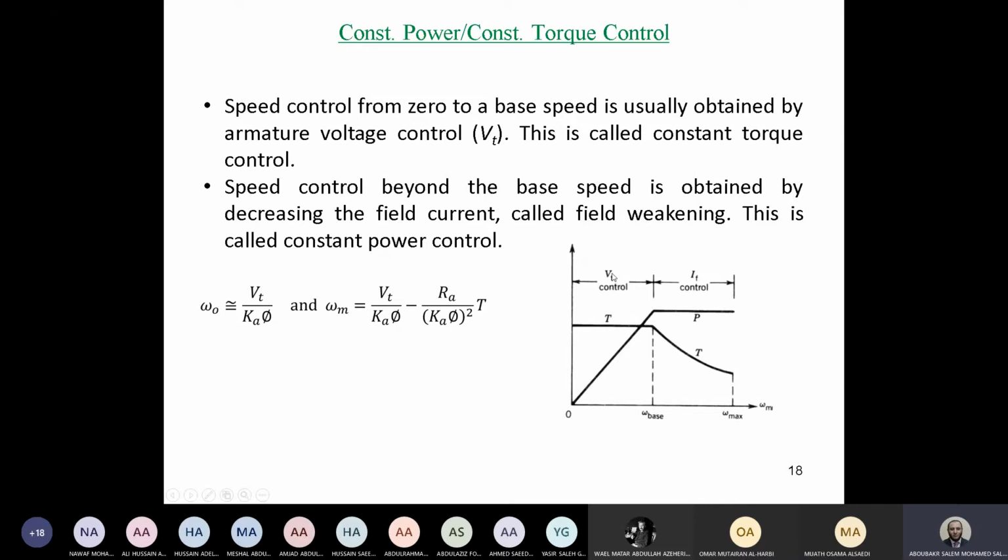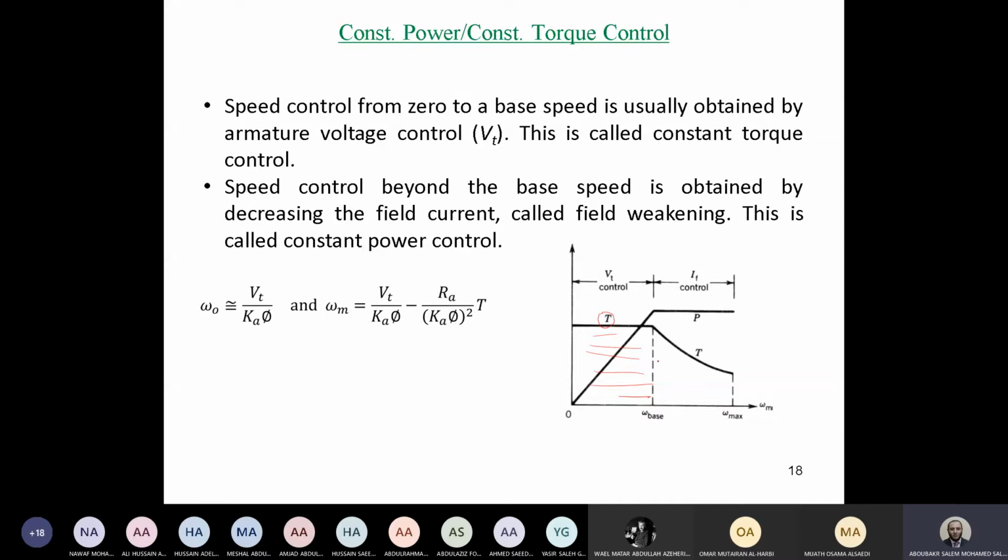So we can use voltage control for speed lower than the rated speed. In this zone now, Shabab, we prefer to use voltage control. And we should make fixed torque. So we control the torque in order to be a constant value.